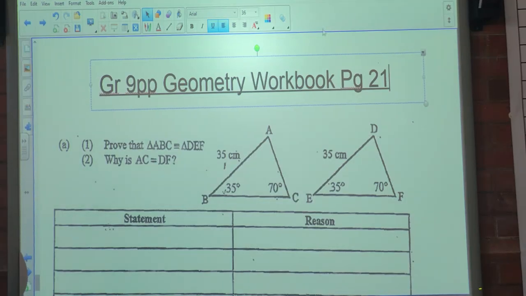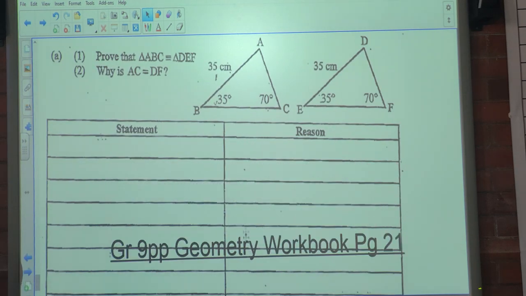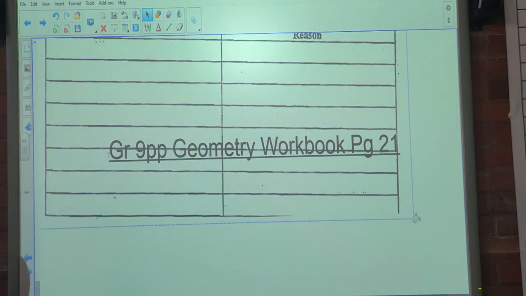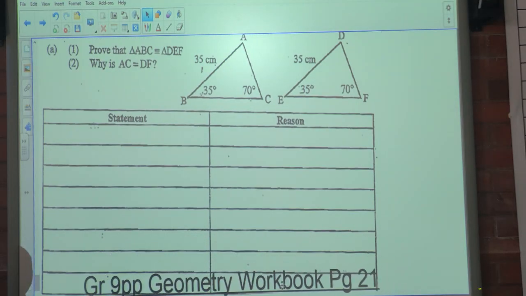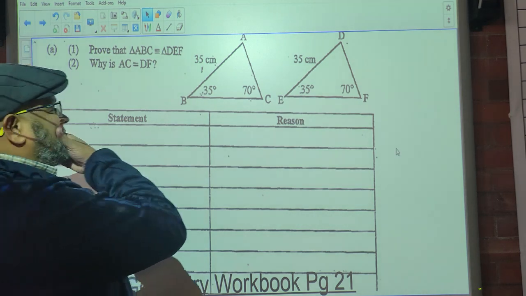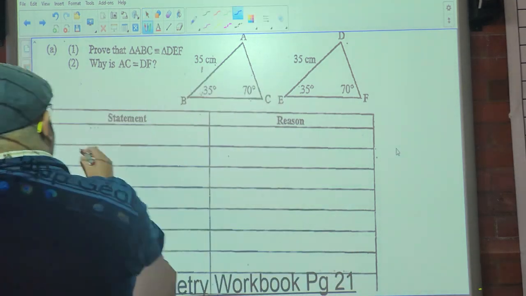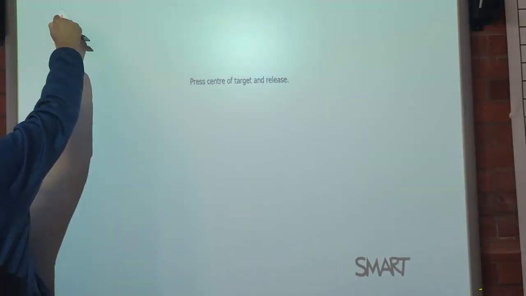So here we are told to prove that triangle ABC is congruent to triangle DEF. Let's prove congruency here. So where do we start? We can say in triangle... Let's sort this out together.